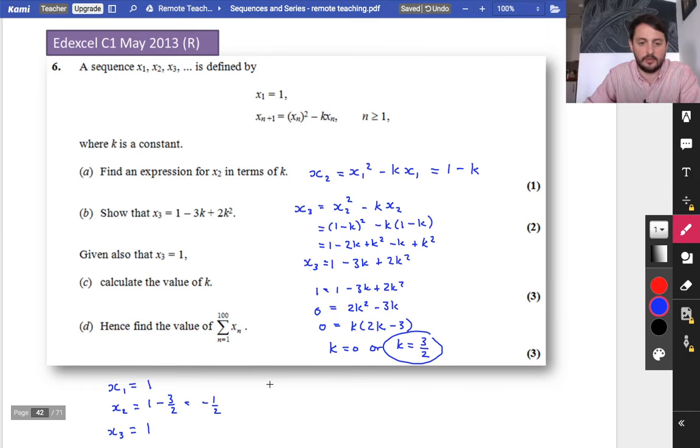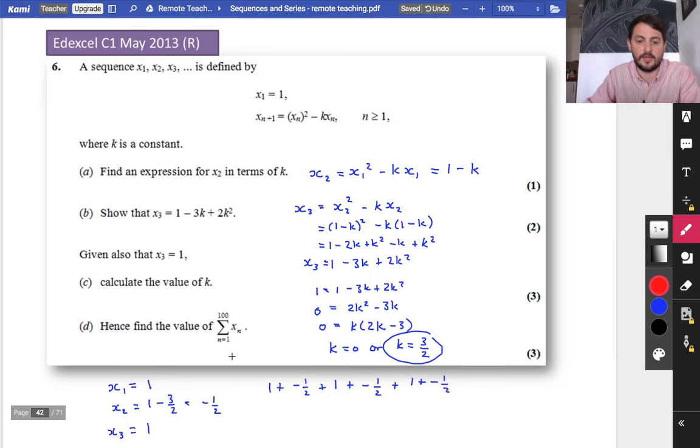So the series goes 1 plus minus a half, plus 1 plus, well, when you substitute 1 into this formula, you get minus a half. So it's going to be a series that just keeps going on and on like this. And there's going to be 100 of these terms.